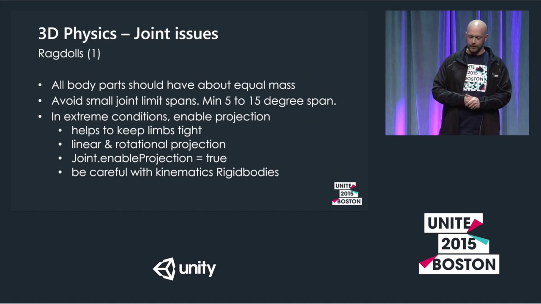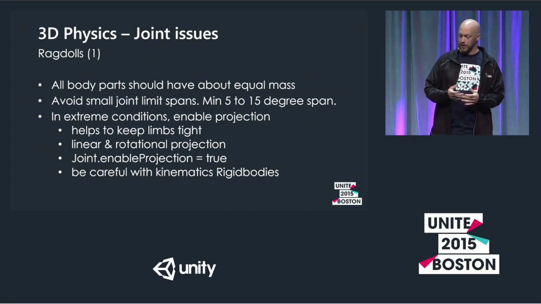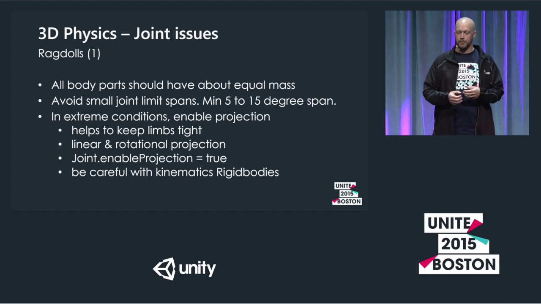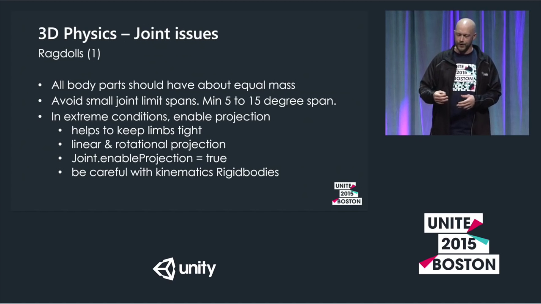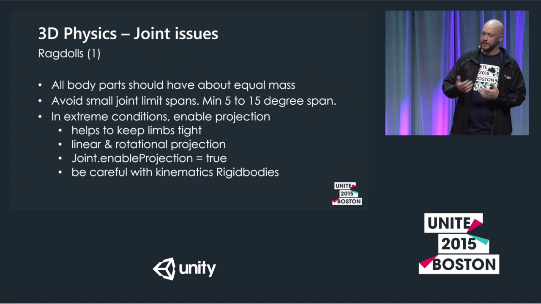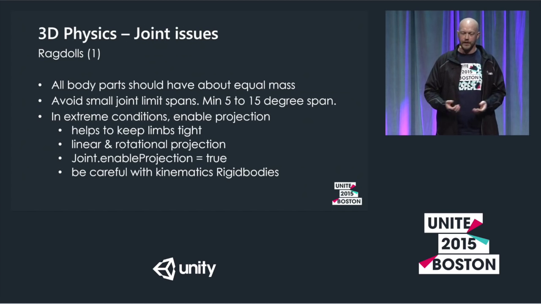Okay, so one thing you should be considering when you're tweaking your ragdolls and maybe debugging them is making sure that all your body parts have about the same mass. Different parts of the body, like the torso and the upper arm, can differ by about a factor of 2. That's kind of okay. The problem is the bigger the differences between the masses of the objects, the solver will start moving the objects at different speeds.